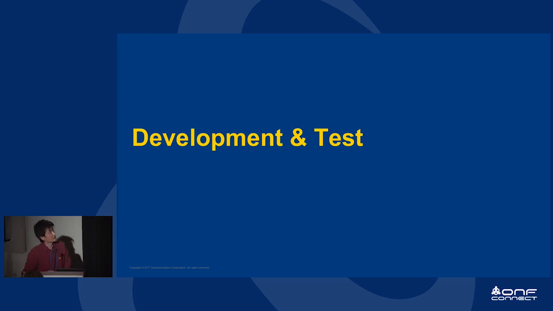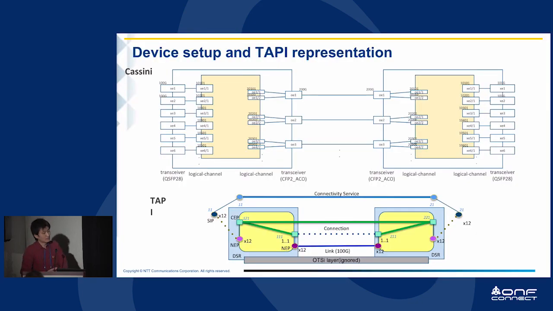So let's move to the implementation detail about the test result. As I mentioned before, Cassini has 16 client side 100G ports and 8 line side 200G ports, and so it can be represented as in this figure using the Transport API model, and two nodes are connected with this.